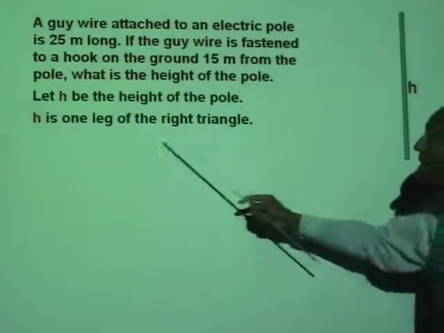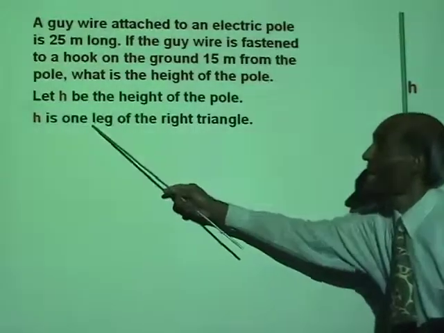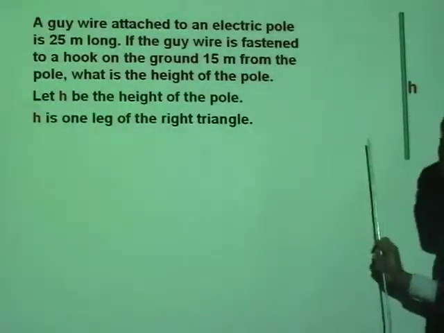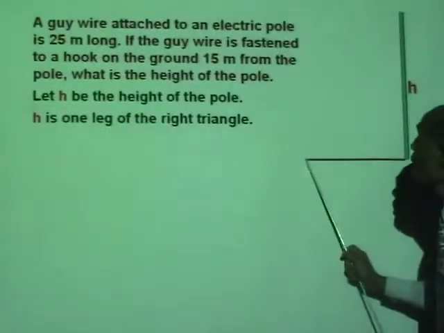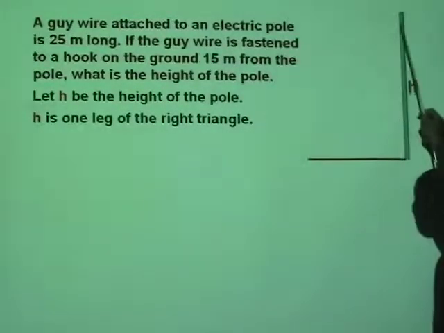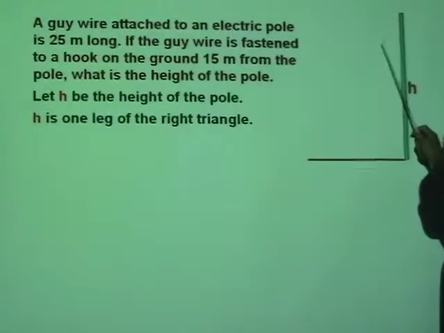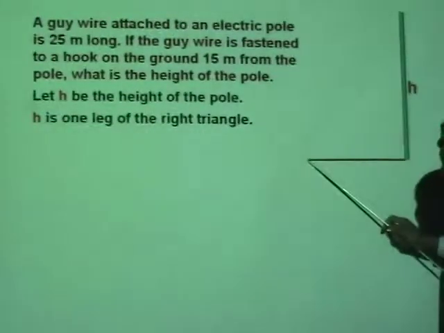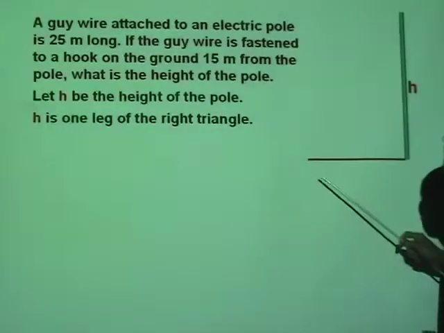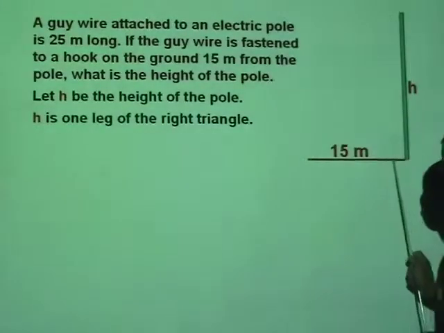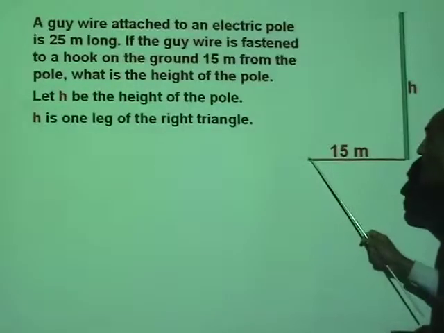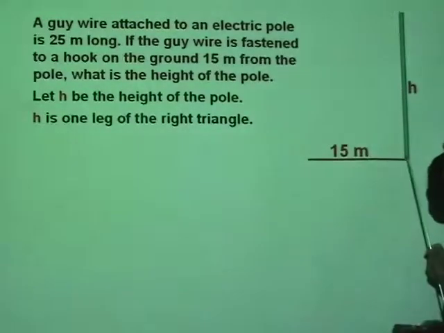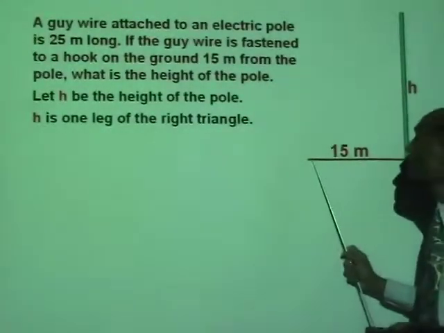Now, that means H is one leg of a right triangle. Now, this is the hook. That means the guy wire will come from the top of the pole to here. Is that right? Yes. Now, this distance is 15 meter. The hook where the guy wire is fastened is 15 meter from the foot of the pole.